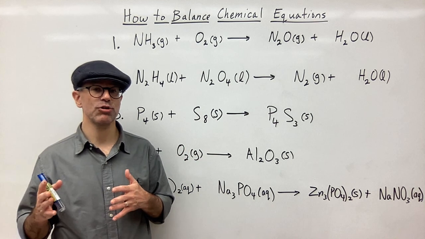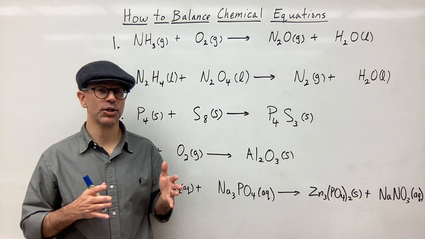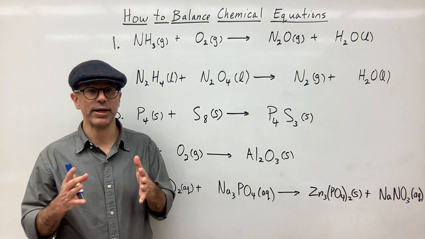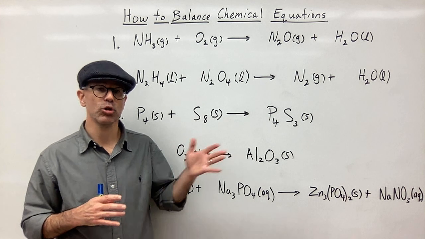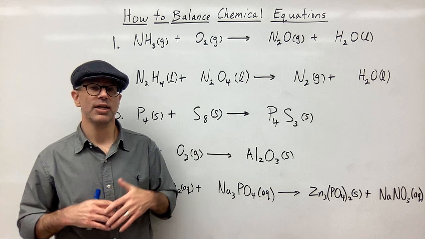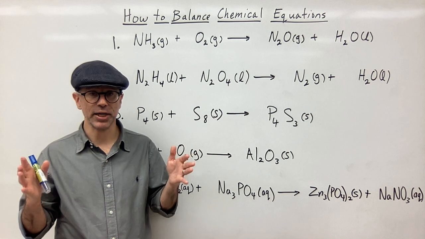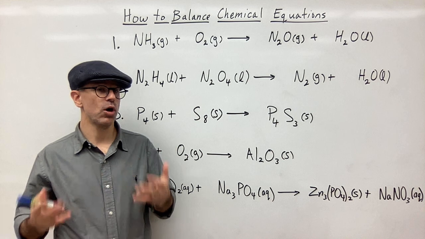So if I have to use a half of a molecule, I'll use a half as long as I can get my equation to balance, and then I'll multiply the whole equation by 2 to get rid of that half, and yet still keep the balanced equation. So that's one way to do it.